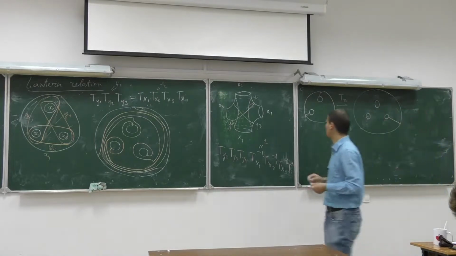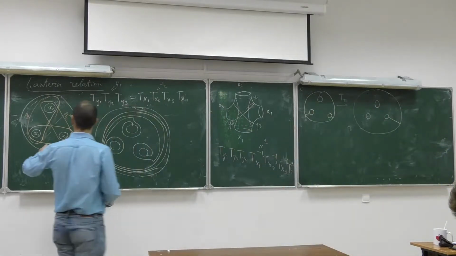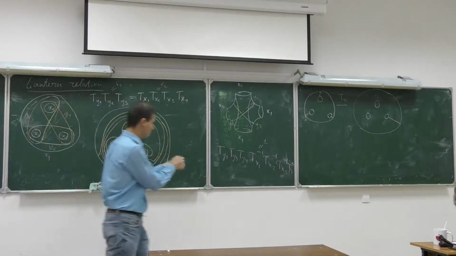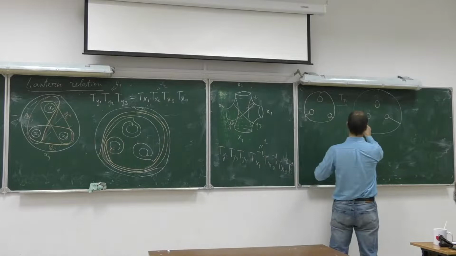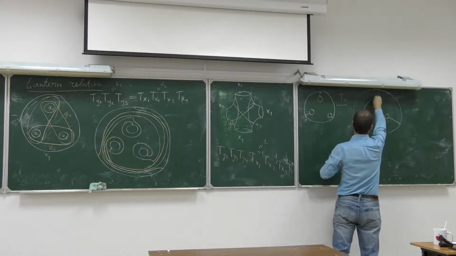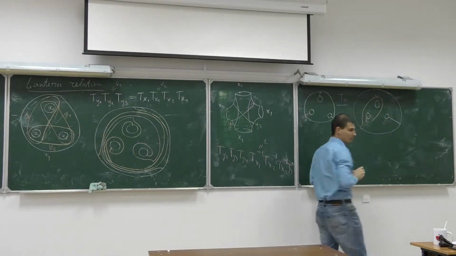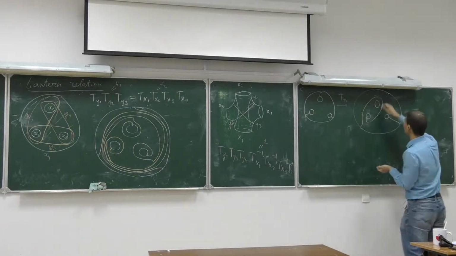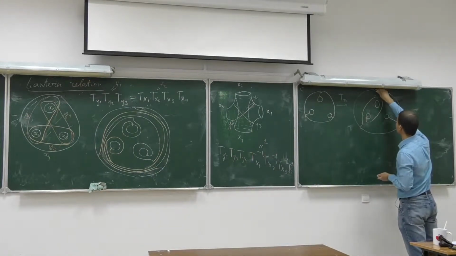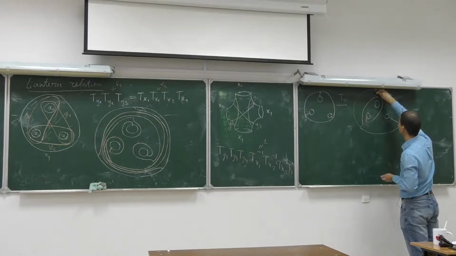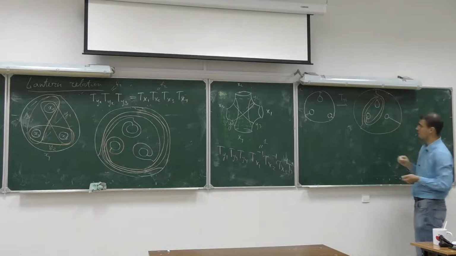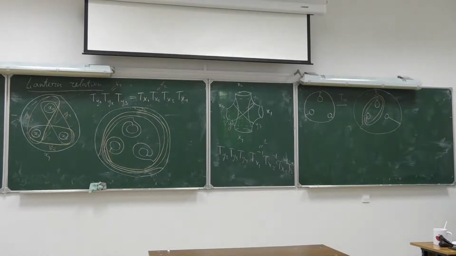And y3 is here. So for the red one, when we approach here, we make a full turn like that. And for this green one, when we approach here, we go left and make a turn like that. Okay. This is after y3.